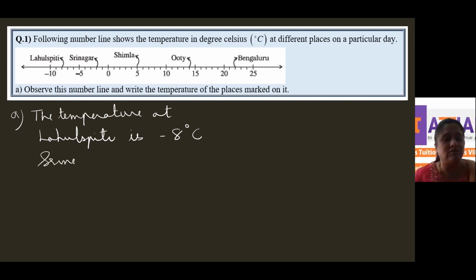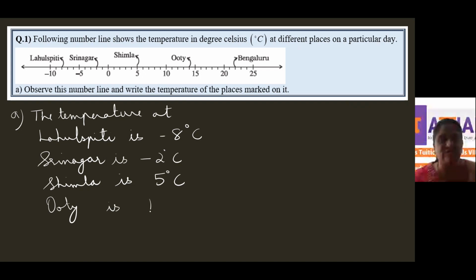Then Srinagar. Srinagar is -2 degrees Celsius. Next, Shimla. Avnish. Plus or minus? Positive 5 degrees Celsius. And Darshan, Ooty?